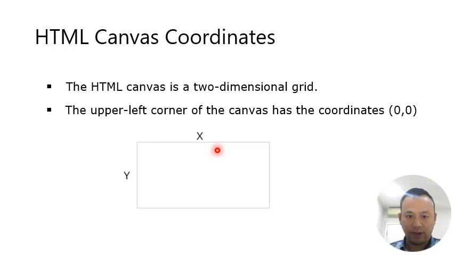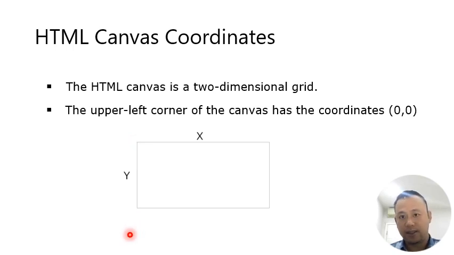First, we have a coordinate system for every canvas element. The canvas element is a two-dimensional grid like this one. In the HTML canvas element, the coordinate system begins at the top left corner, here, with the origin point 0 and 0, and the x coordinate increases as you move right and the y coordinate increases as you move down.